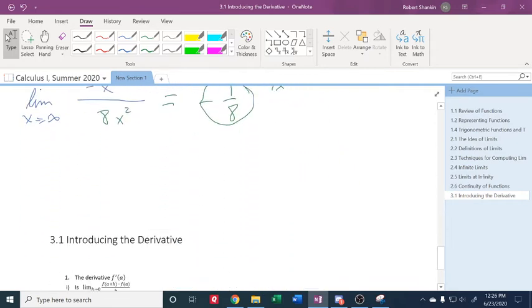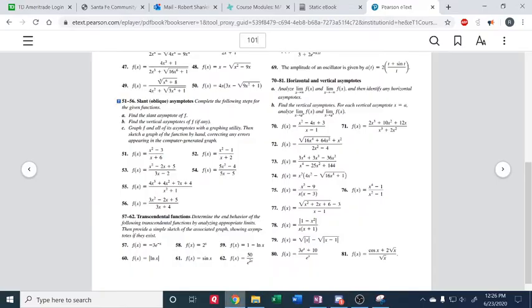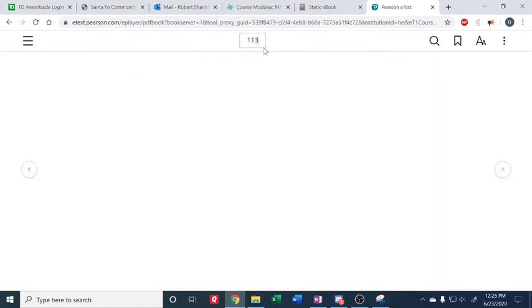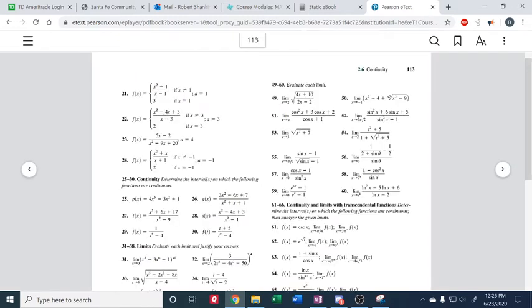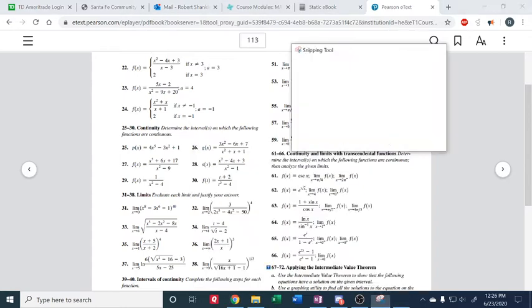All right, and then 2.6, number 28. That's page 113. Determine the intervals where this is continuous.